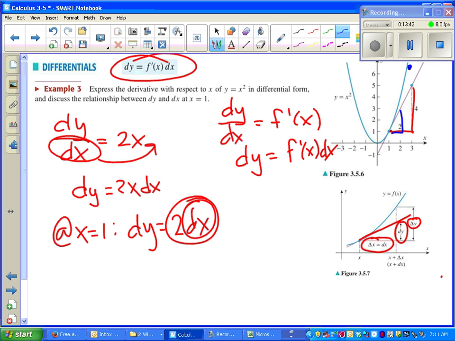It's getting big even faster. But the tangent line is changing in such a way that y gets big twice as fast as x. And that's kind of what you need to be able to take away from this. If I change x by 1, I have to change y by 2.